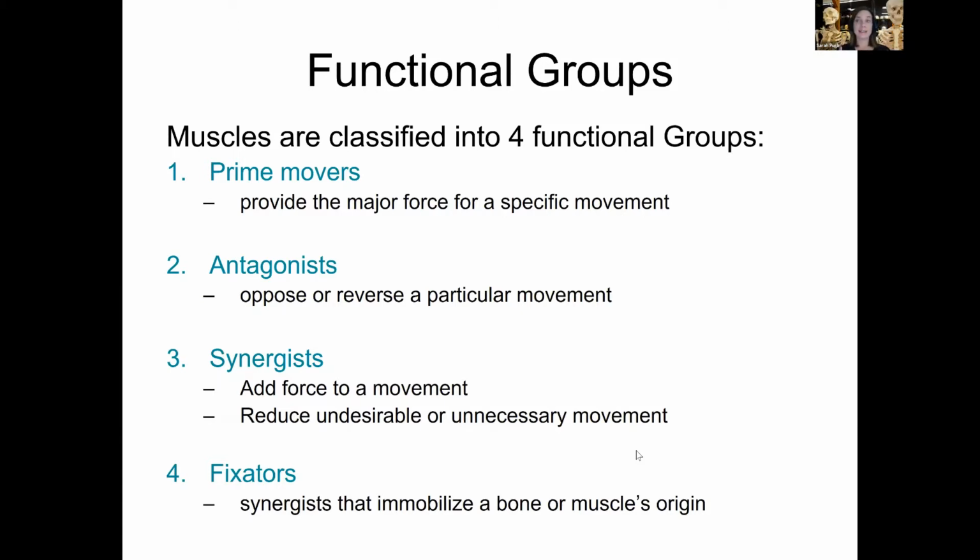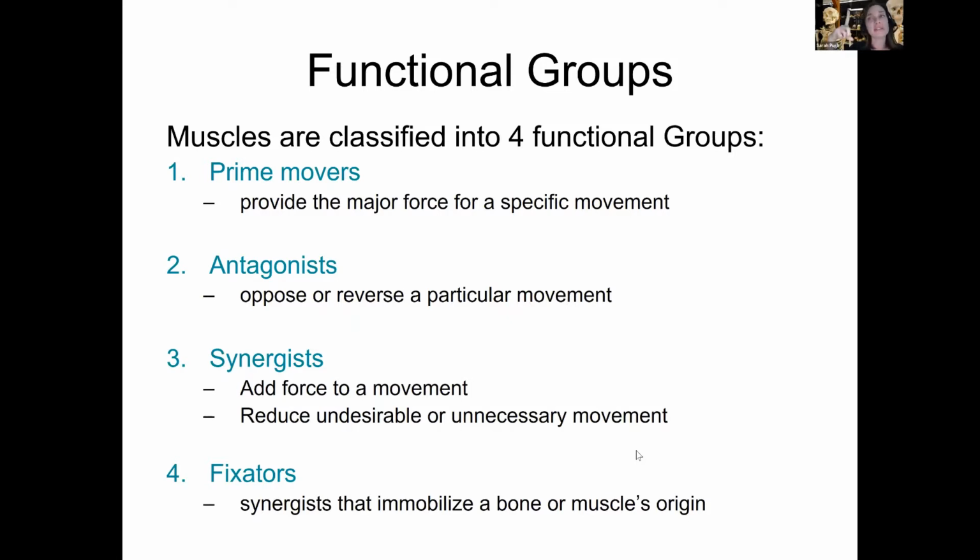Now again, the muscle that we're using for each of these might change depending on the action we're looking at. So let's go back and look at the examples that I gave you for prime movers and antagonists and synergists, right? The example that I gave you was flexing, okay? If you flex at the arm, prime mover is the bicep, antagonist is the tricep.